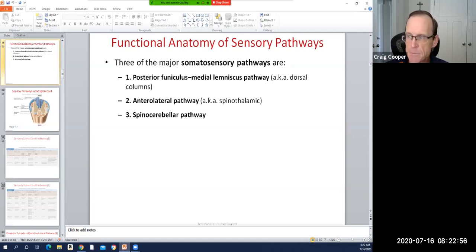And again, these names can tell you a lot. If it's spinothalamic, it means that information is going from the spinal cord to the thalamus. So that's ascending, going from a more inferior location to a more superior location. And then our spinocerebellar, that's going to be that 2 neuron chain that's just going from the spinal cord and then synapsing at the cerebellum itself.